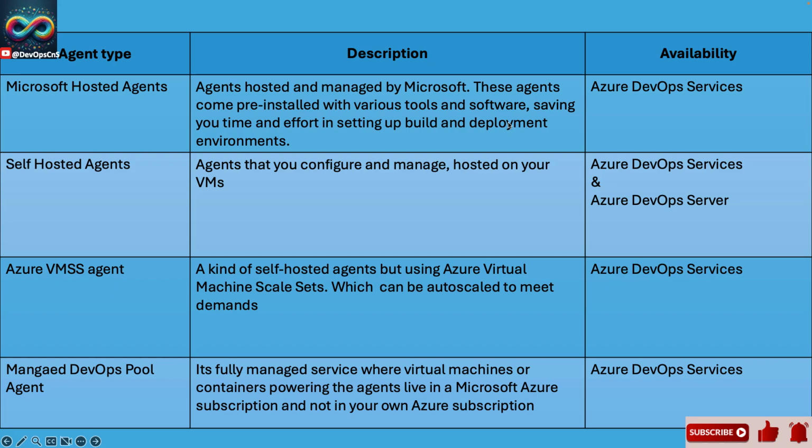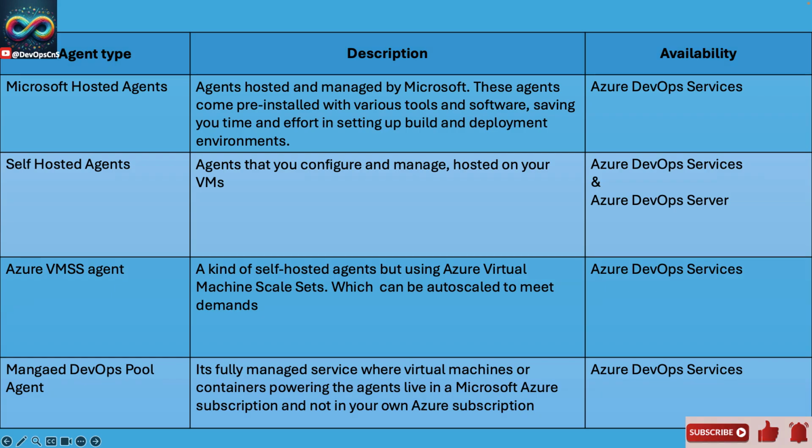Cloud tools like Azure CLI, AWS CLI, or testing frameworks like Selenium, JUnit, and NUnit. These tools are pre-installed on the Microsoft hosted agents, which can help you to run your build. Microsoft hosted agent is available in Azure DevOps Service.